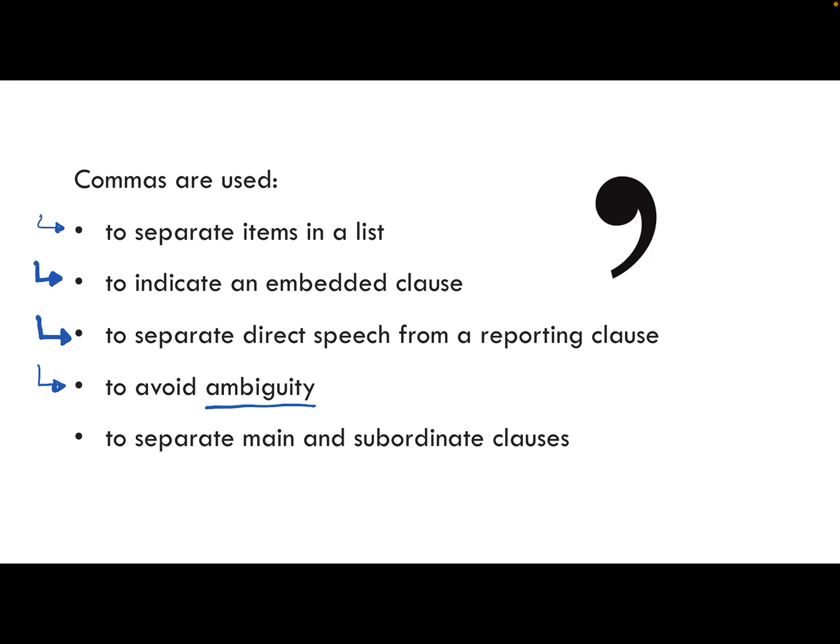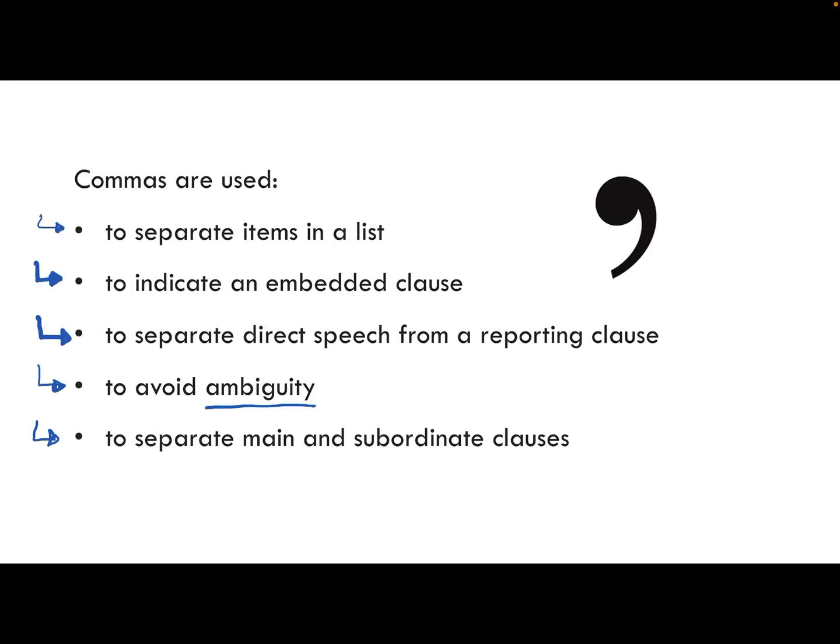Ambiguity comes from the word ambiguous, and when something's not clear, we say it's ambiguous. So to avoid ambiguity is to make something clear, or to avoid things not being clear.